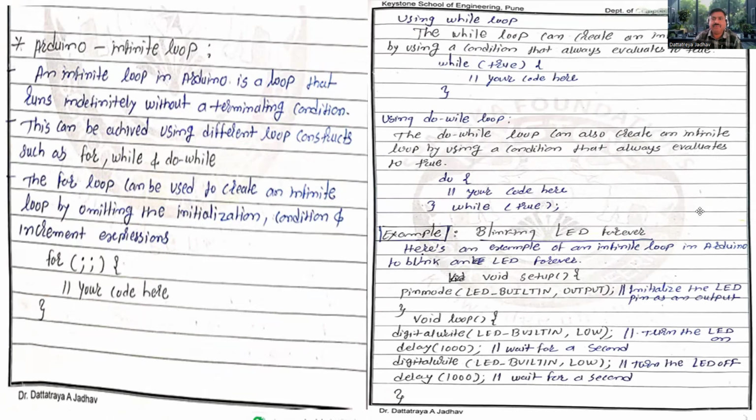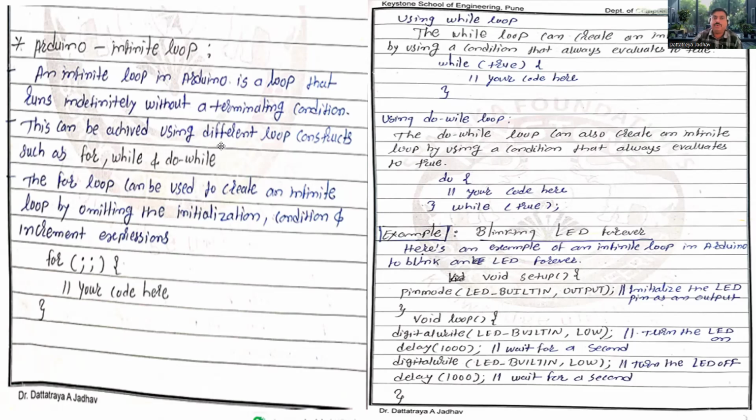So that concept is reflected in an infinite loop. An infinite loop in Arduino is a loop that runs indefinitely without a terminating condition. Without terminating on any condition, it executes continuously.